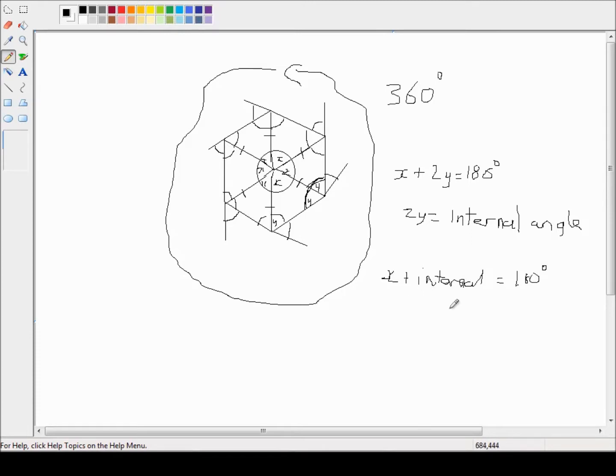But we already know that the internal angle, I'm just going to call it int, plus the external angle, I'm just going to call it x, is equal to 180 degrees. So this x is actually the same as this x here.